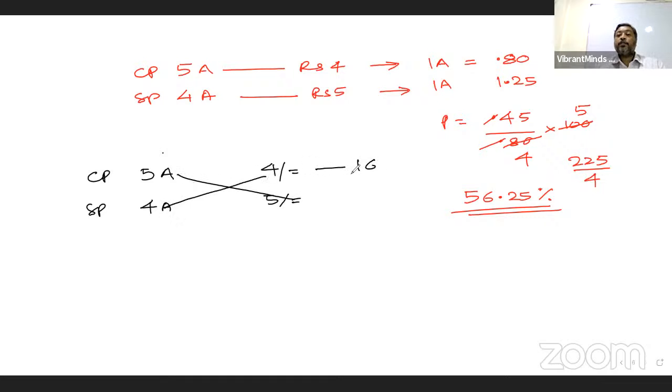So 4 4s are 16 is your cost price and 5 5s are 25 is your selling price. So again 9 by 16 into 100 and it will give you 56.25% profit. Am I clear? Everyone? Let's go to the next question.